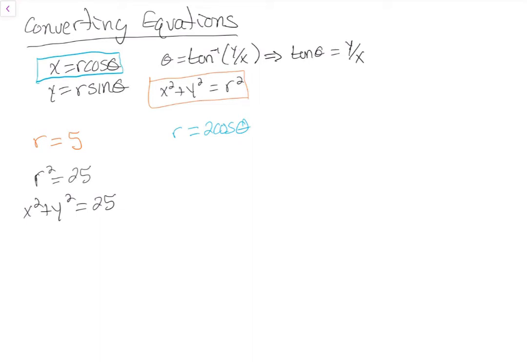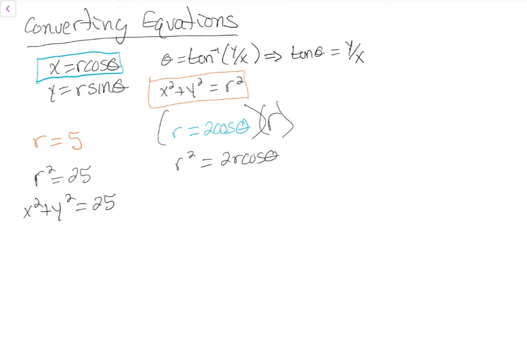I wish I had an r cosine theta on the right-hand side, and I can make that happen quite easily. I'm going to multiply both sides of this equation by r. That's sloppy notation, but I'm multiplying the left-hand side by r, and the right-hand side by r.